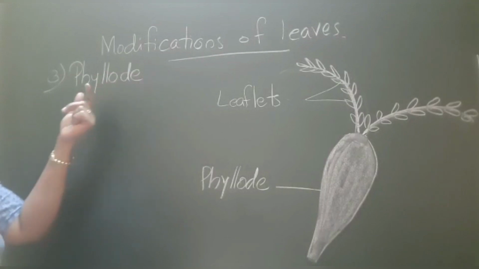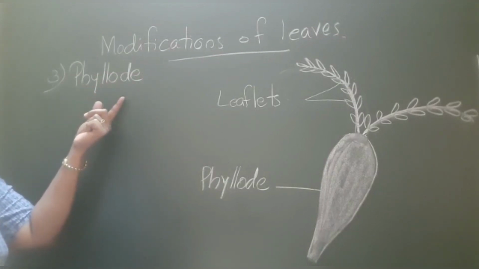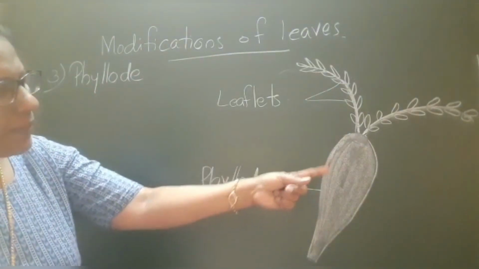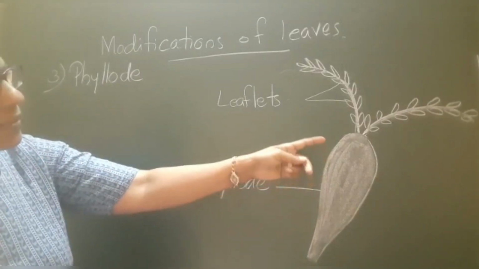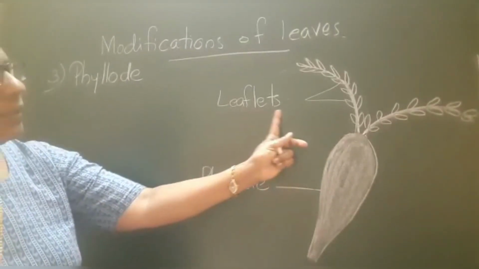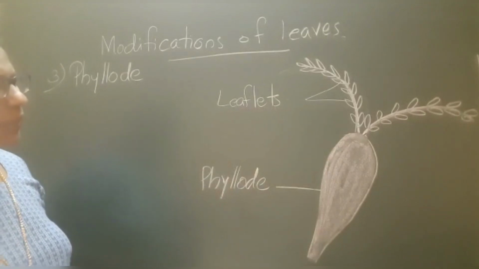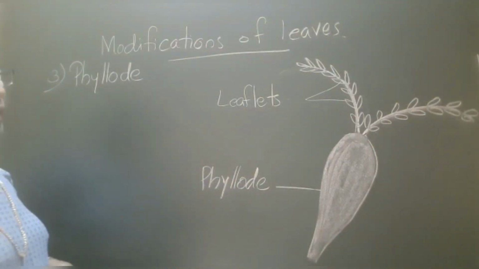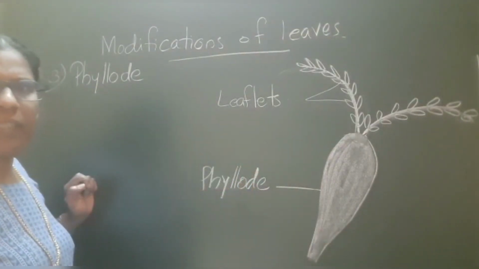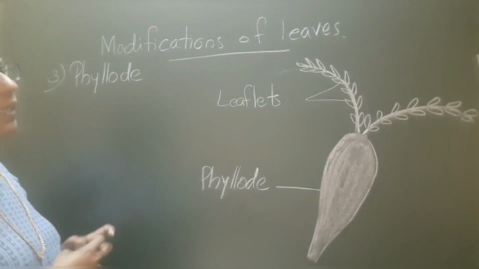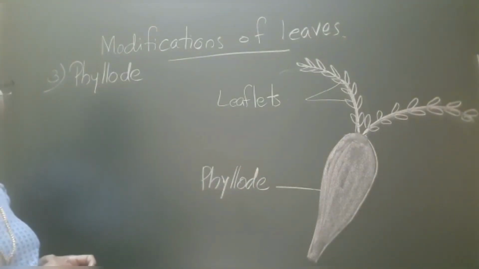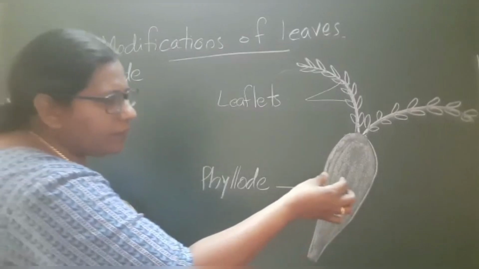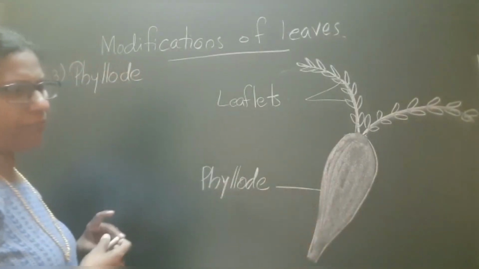The third modification of leaf is phyllodes. Here in this diagram you can see this is phyllodes and here it is leaflets. The lamina is subdivided into small segments. They are called leaflets, which we already studied. And here is the petiole of the leaf.